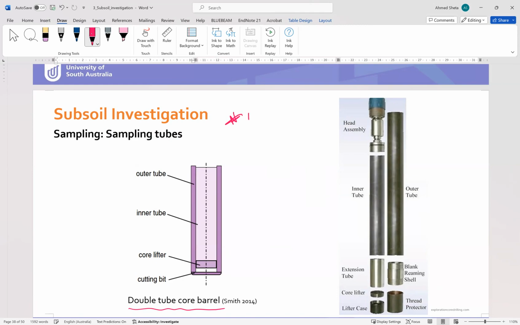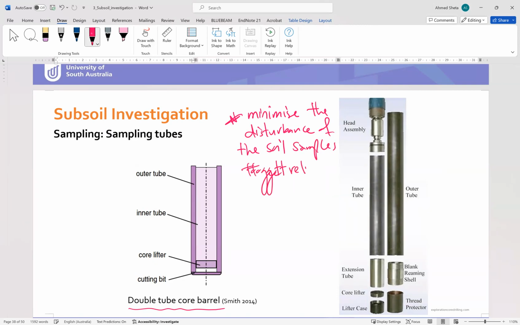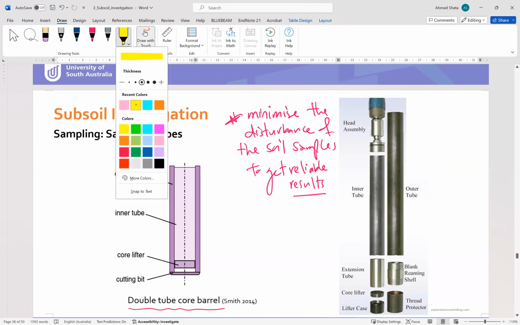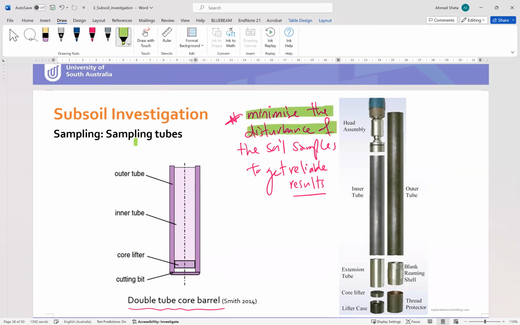These samplers minimize the disturbance of the soil samples to get reliable results. So all these samplers are just to get reliable results and to minimize the disturbance of the soil samples.